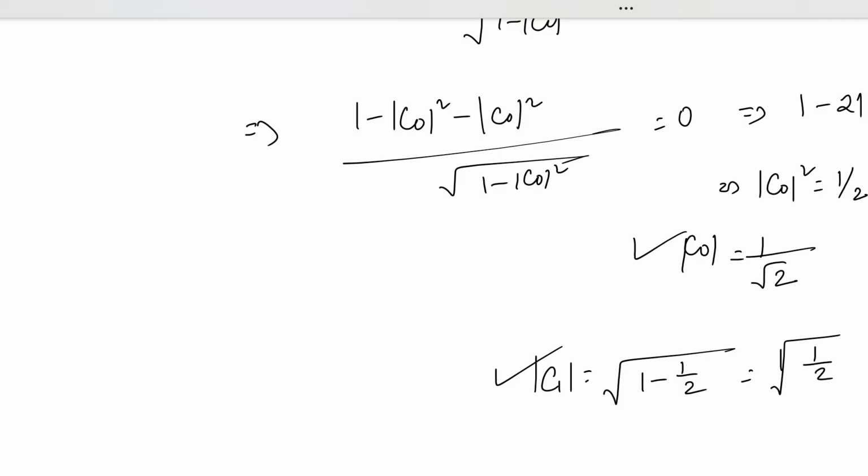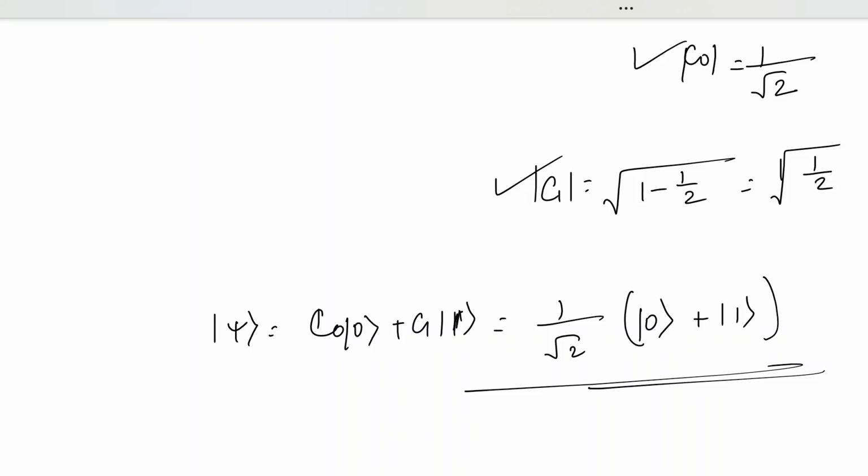Then the state becomes a linear combination of both, which is c0 times |0⟩ plus c1 times |1⟩, which is basically nothing but 1 by root over 2 times (|0⟩ plus |1⟩).